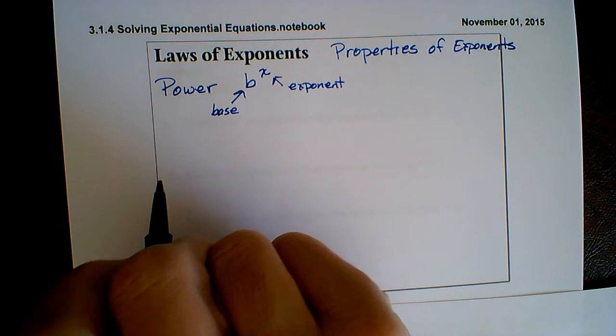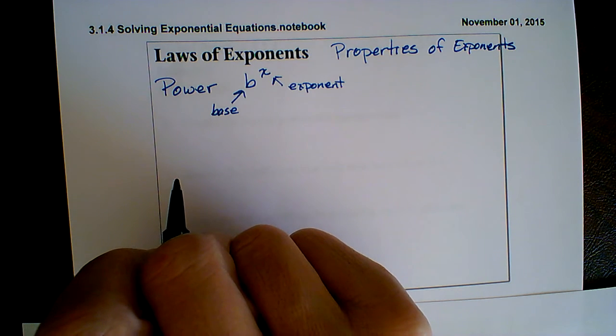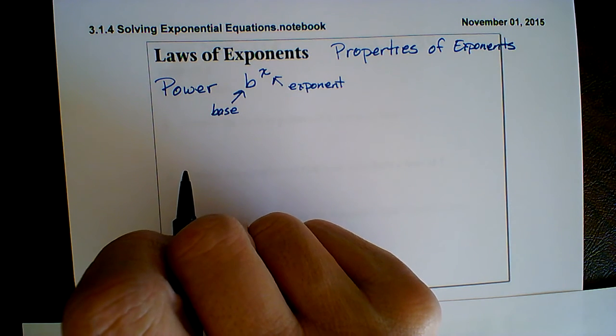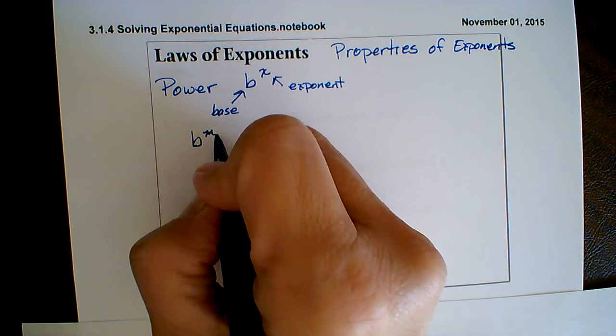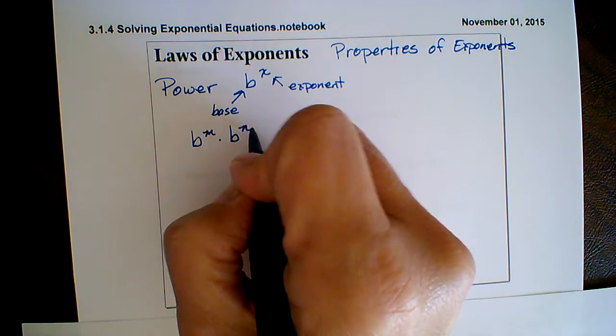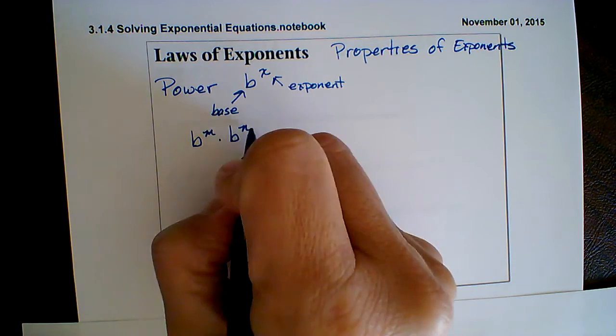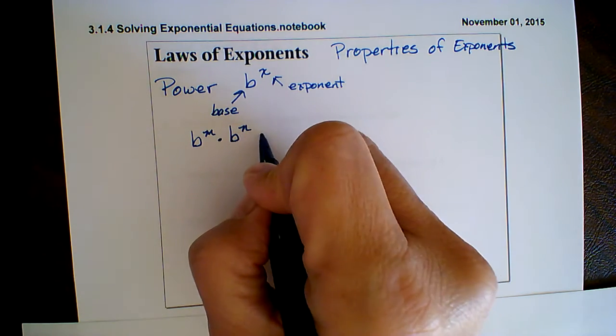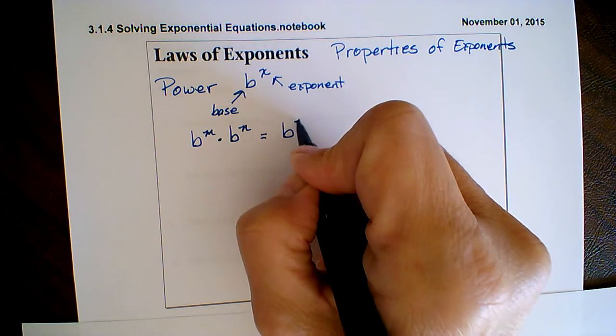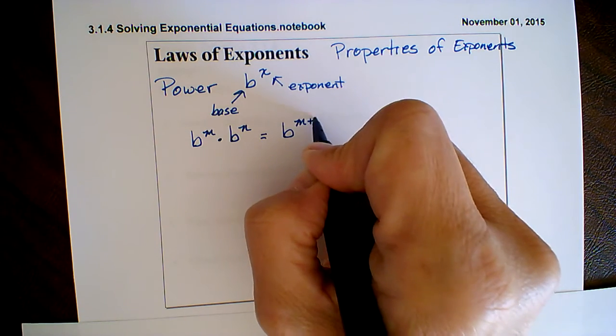So we have a rule. If we have two powers that are being multiplied and they have the same base, so b to the m times b to the n, two powers, both with the same base, they're being multiplied, we add their exponents, b to the m plus n.